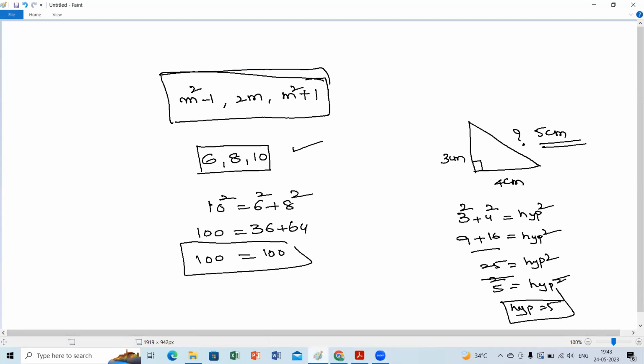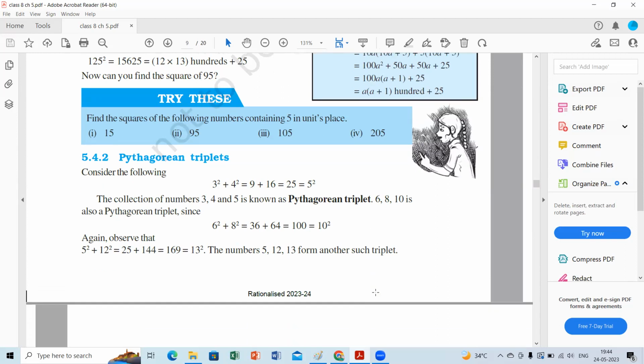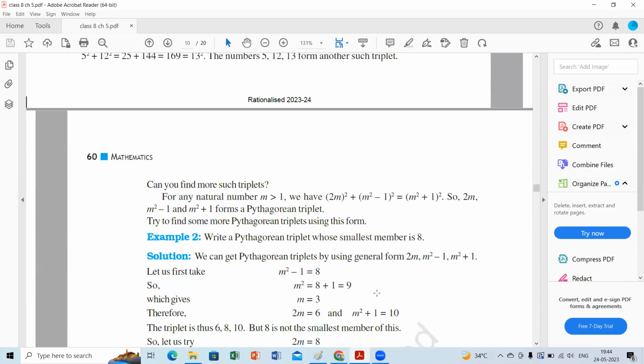That's the easiest way we can check. Same way, check 5 square and 12 square together 169, which is 13 square. So this is also a Pythagorean triplet.